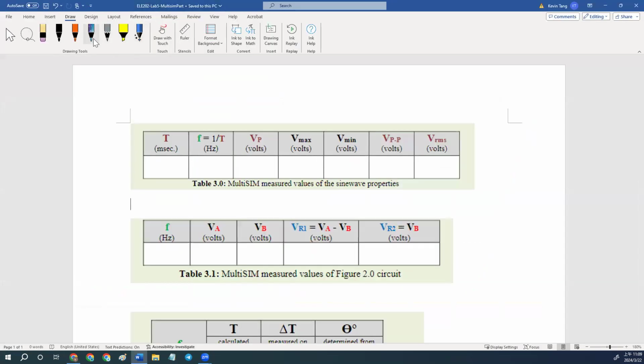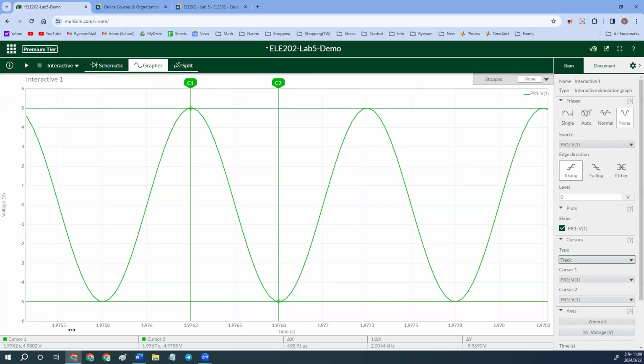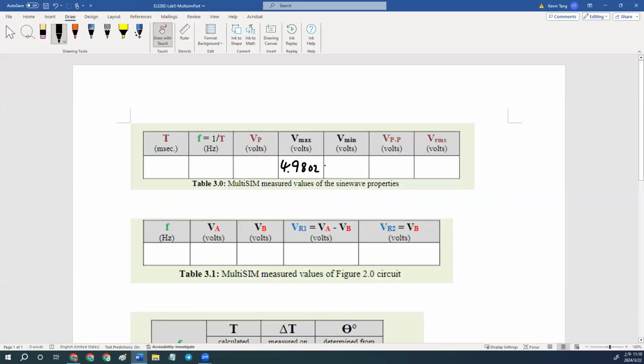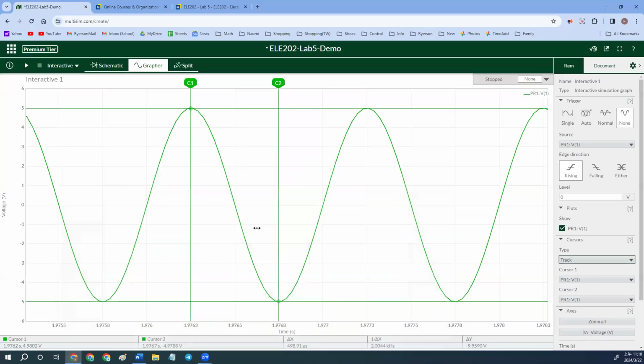The maximum for table 1 is 4.9802. The other one is minus 4.9788, I think. I can't remember the number. So you have those two numbers, and the peak to peak is the difference.